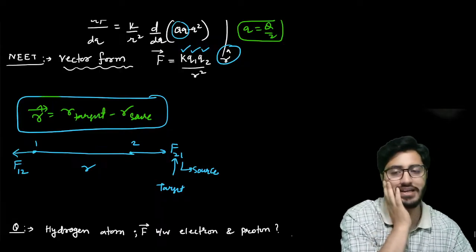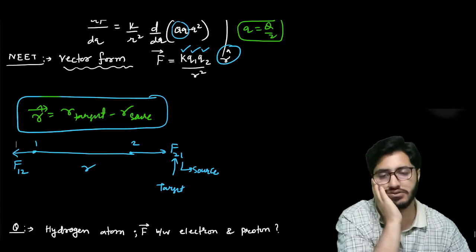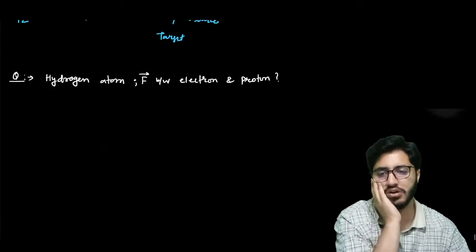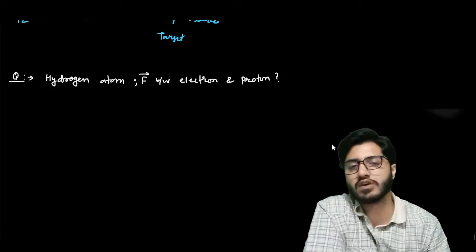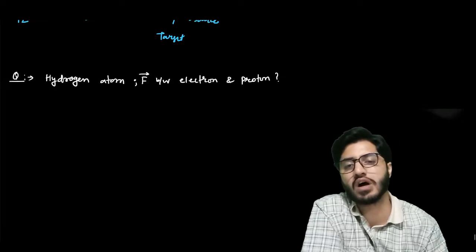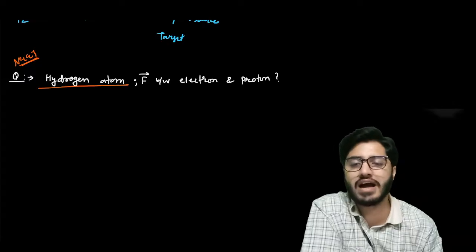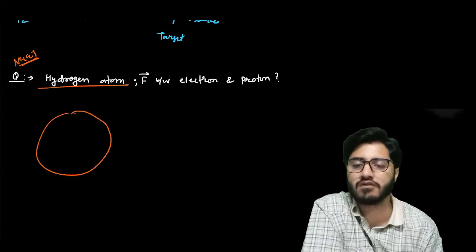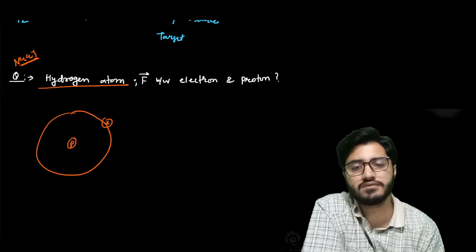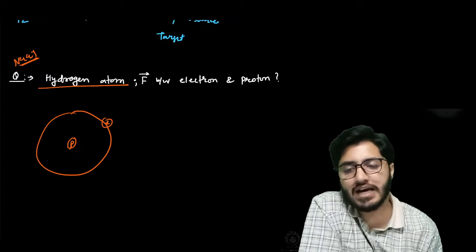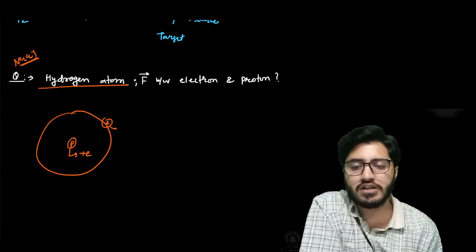Sir, how can I write this in numericals? I will show you a numerical now. First we will do a NEET PYQ, then I will show you how to apply the formula target minus source. We have a hydrogen atom with only a proton and an electron. We know that the charge on the proton is plus e and on the electron is minus e.